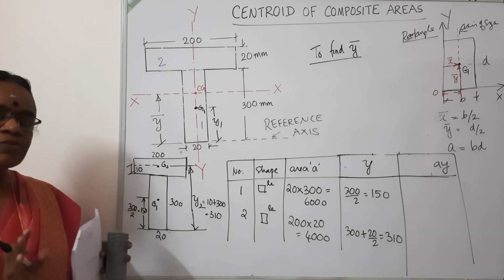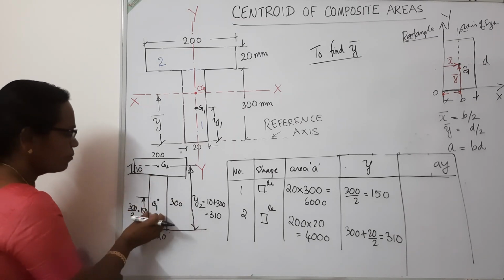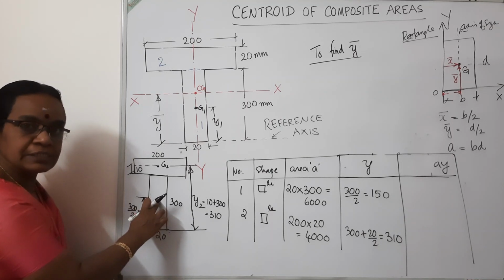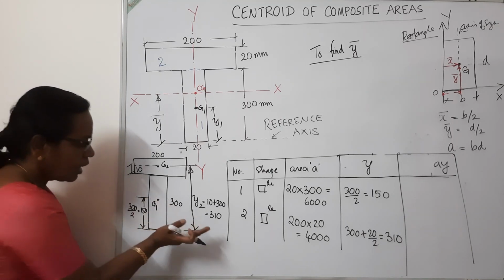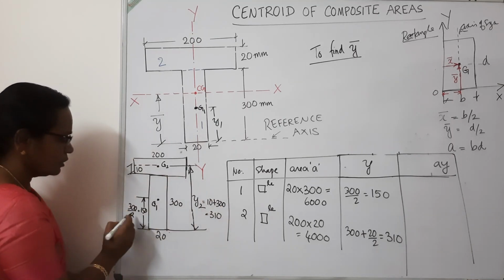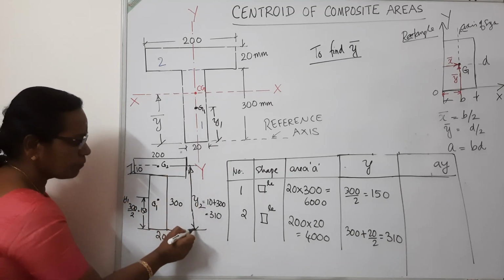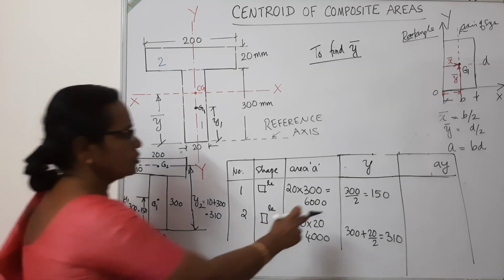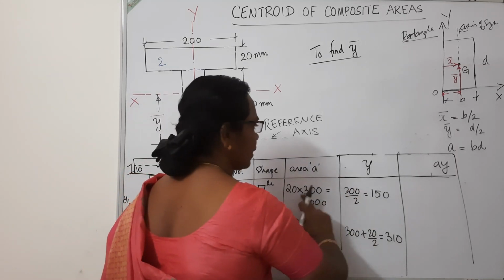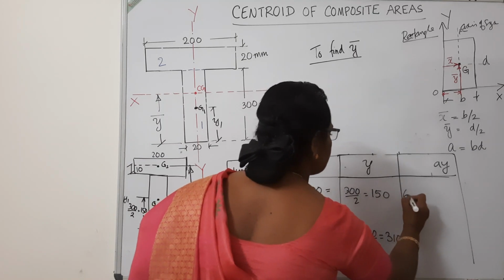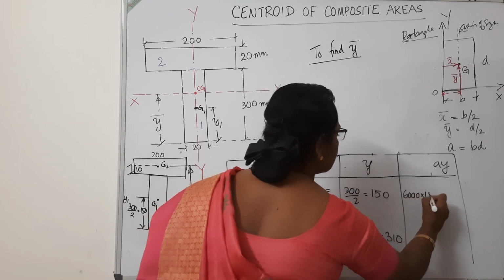Okay, so that's all. We separately find out the areas, and separately find out the center of gravity distance of each of these figures from the reference axis. So this first one is Y1, the centroid of the second figure from the reference axis is Y2. Multiply A1 by Y1. A1 Y1 is 6000 into 150.